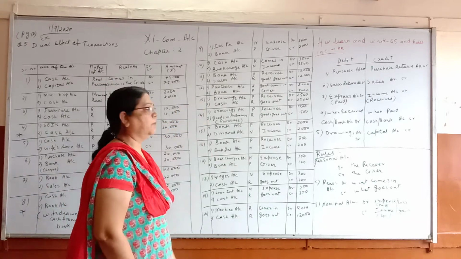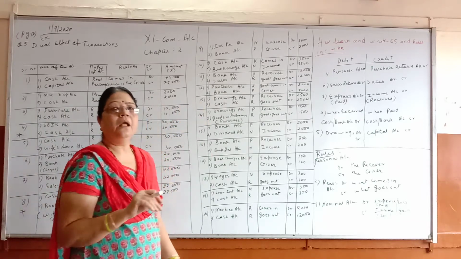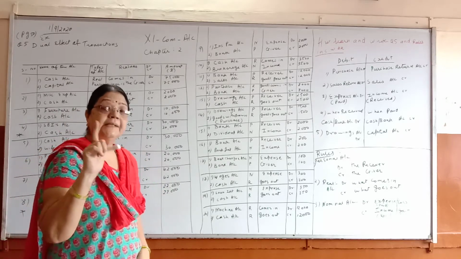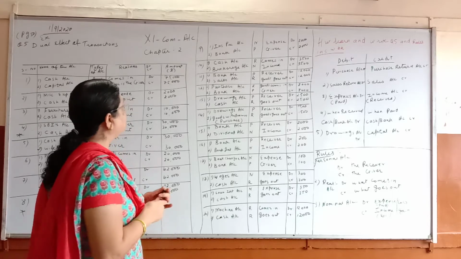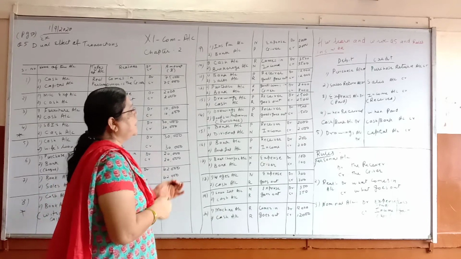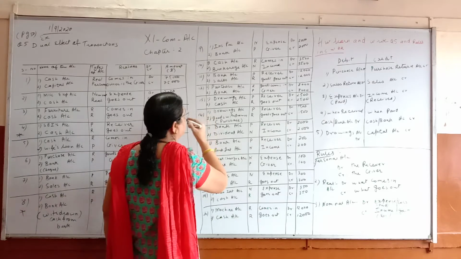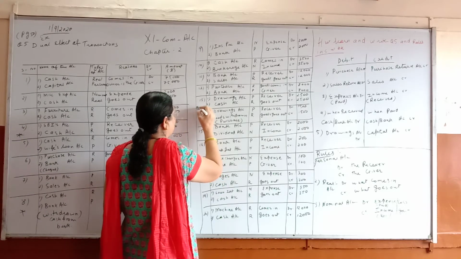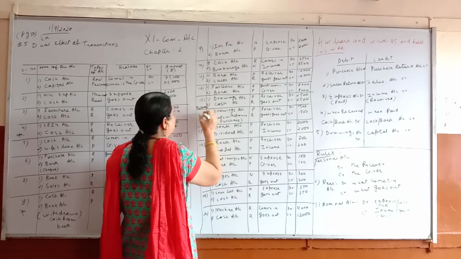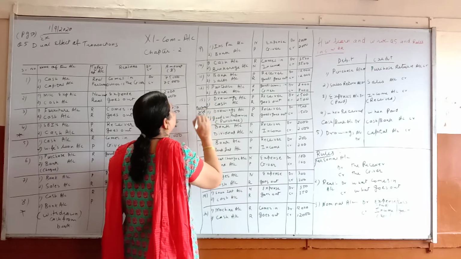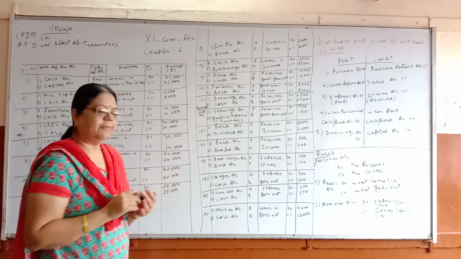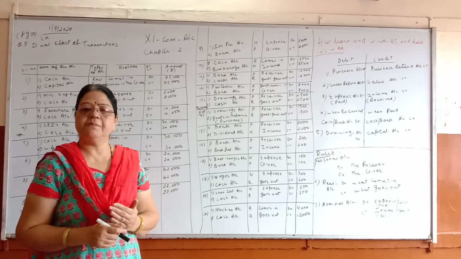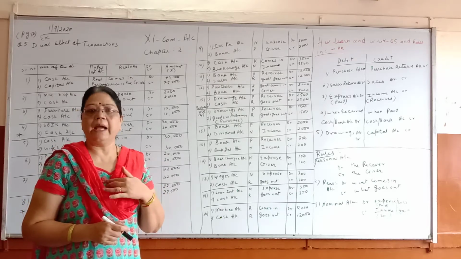Now see the 13th one. 13th one, withdraw cash from the business for personal use. Children, if the words personal use are given, when the owner is taking from the business for his personal use, who can take from the business? Owner, not I or you.